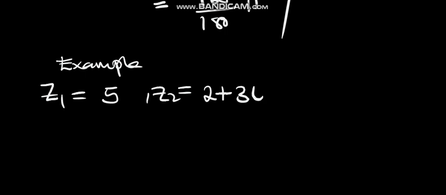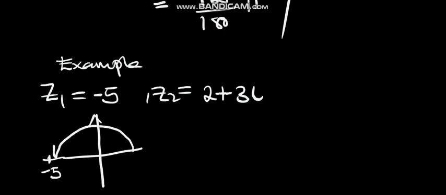Or let us make this guy a negative. So now we need to find the principal argument of z1, and z1 it is here, so it is negative 5. Therefore its principal argument is going to move from here up to there, and it is 180 degrees, and it is the same as pi in what? In radians.